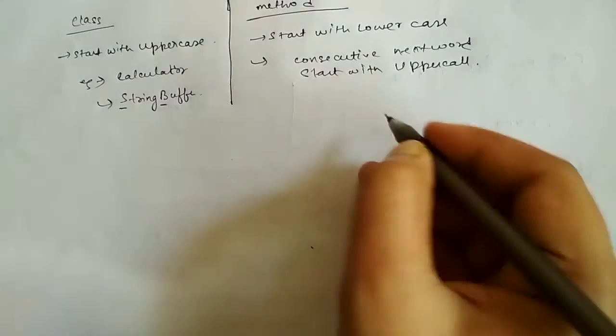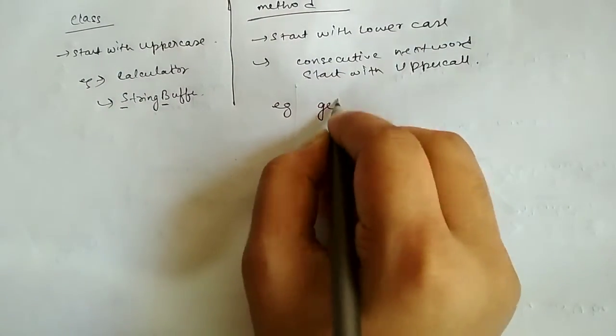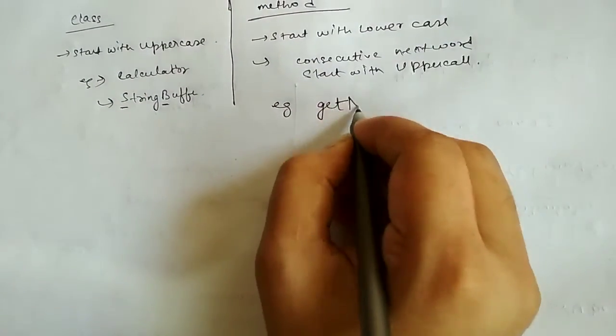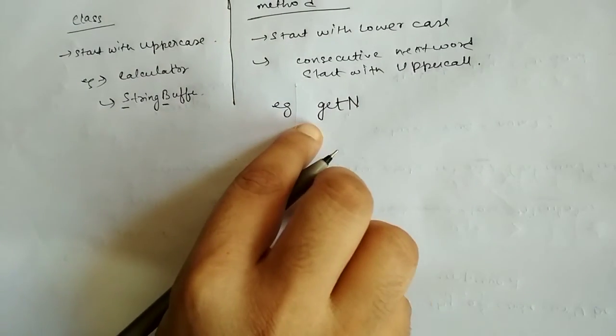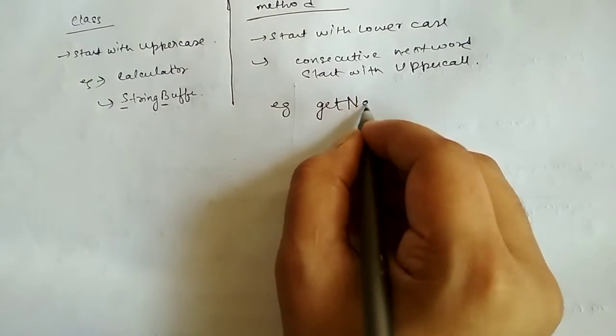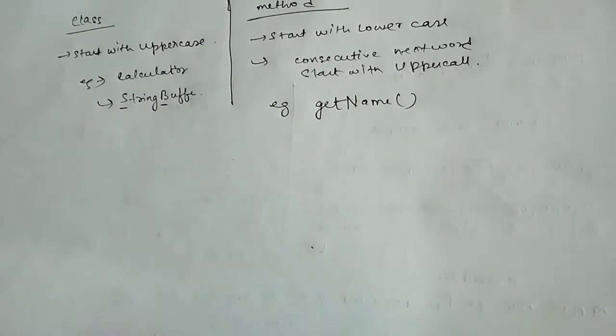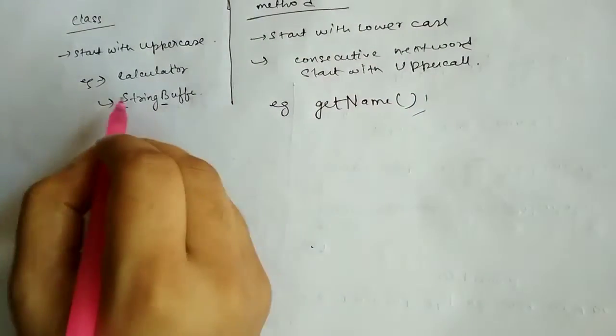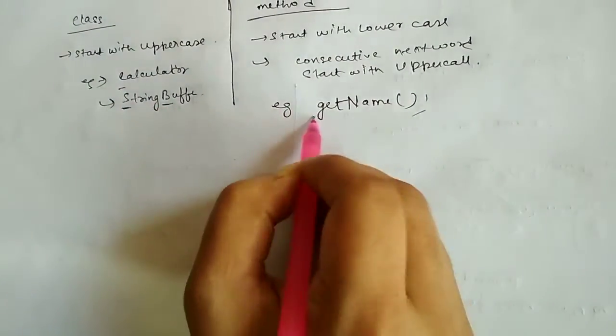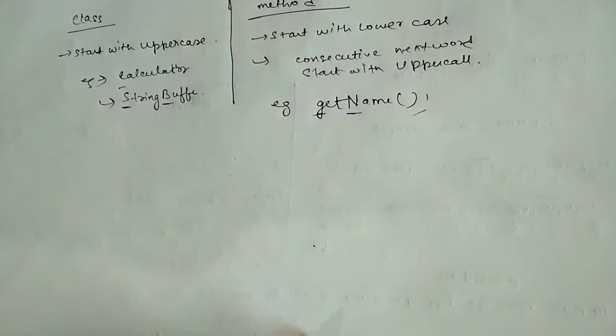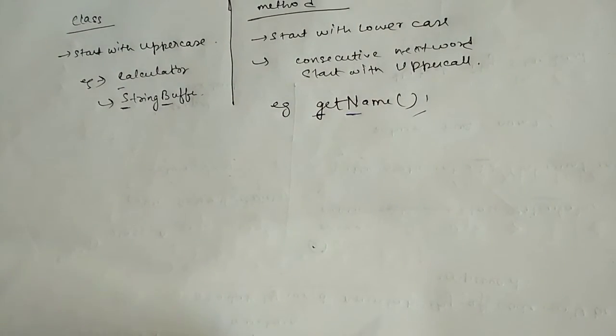Suppose the method name is get name: the first word starts with lowercase, and the second word starts with uppercase, getName. So these are the basic things which we can maintain while writing Java code.